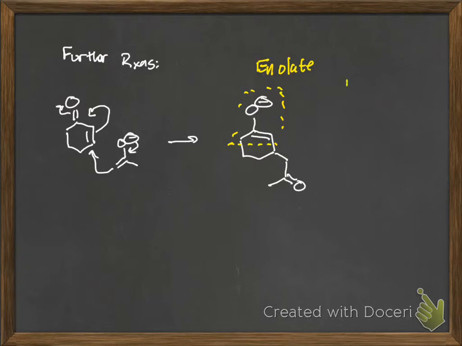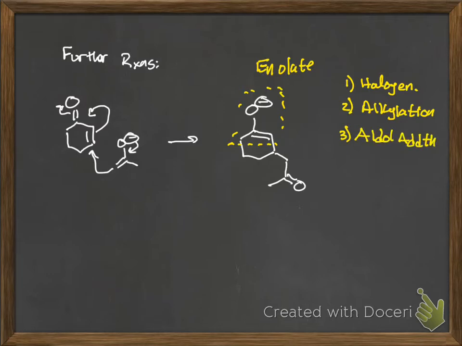So we're talking 1, halogenation. Now, I'll be honest with you, I've never seen anyone do it. I don't know why you would, but it's an option if you want it. 2, alkylation. 3, aldol addition, and possibly condensation. 4, Claisen.